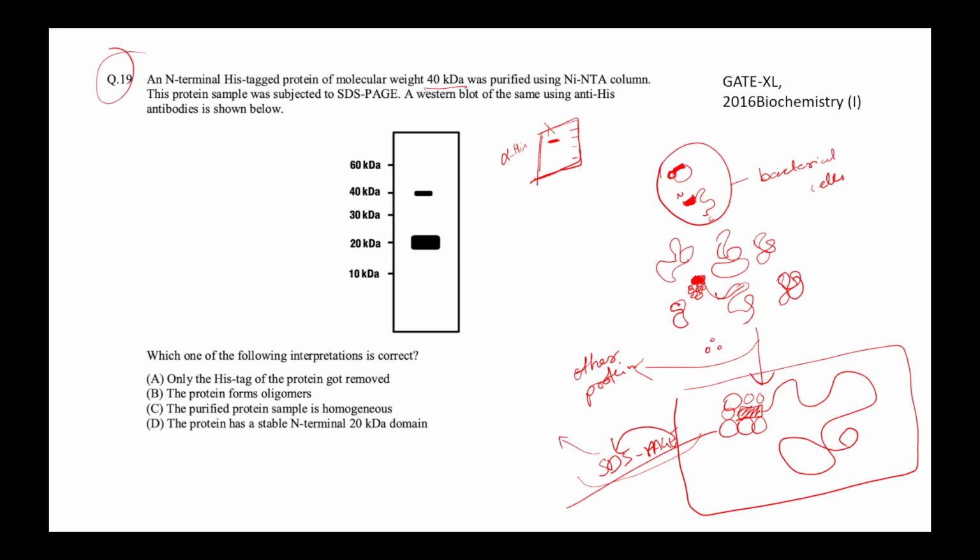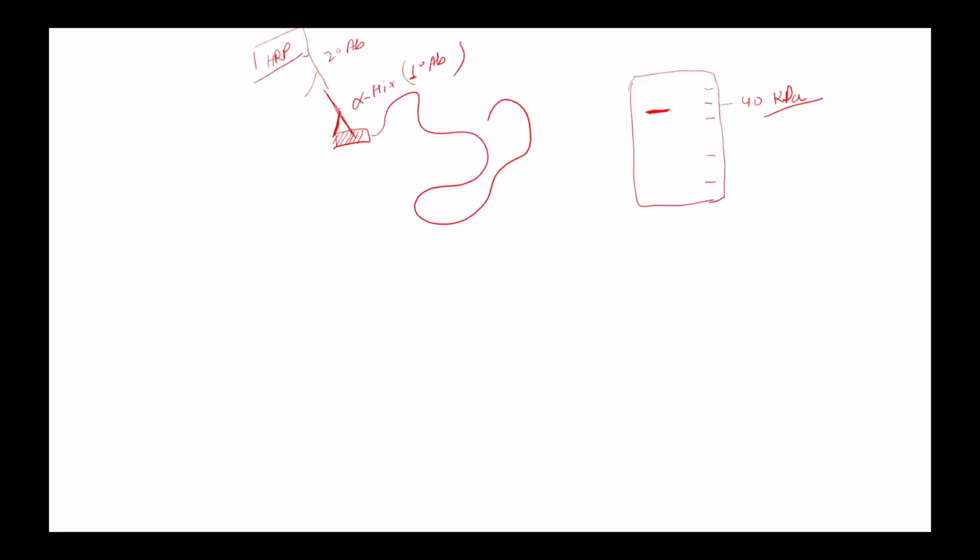That is why they are asking what the reason is for this extra band. To interpret this result, they have given these four options, so let's consider the options one by one. The first option says only the histidine tag of the protein got removed. So they are saying that the histidine tag is being removed.